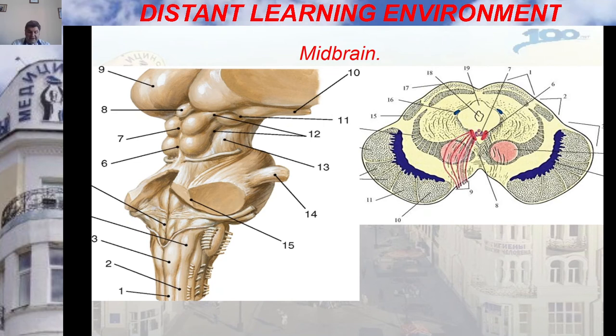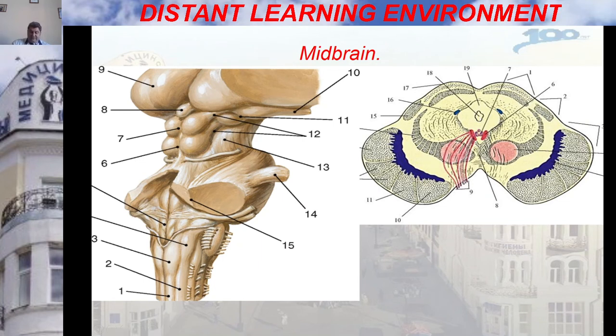At the entry into the hemispheres, the optic tract crosses the peduncles. The cavity of the mesencephalon, remnant of the primary cavity of the middle cerebral vesicle, is called the cerebral aqueduct, and you may see number 18 here.